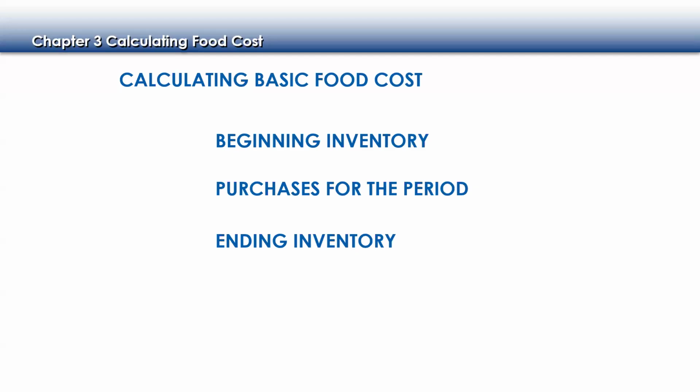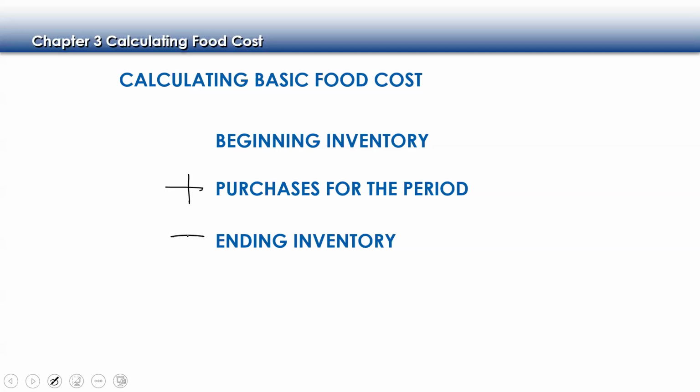When we buy things, does that add or take away from our food cost? Add. It adds to it, right? So we're going to add the purchases for the period. Okay. And then at the end of the month or end of the period, we're going to go in and calculate how much we have in inventory. If it's still in our inventory, is it part of our food cost? No, it's not.